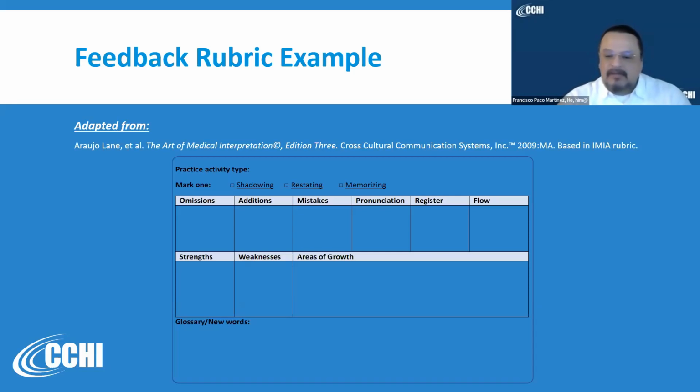I can ask learners to do short peer assessment, concentrating on just one item, such as counting omissions or additions or mistakes. Then, as the course advances, I can ask them to assess each other using a combination of items. I will never use the whole rubric at once to avoid frustration by overwhelming the learners with too much work at once. For longer courses, it is worthwhile to vary the types of feedback.